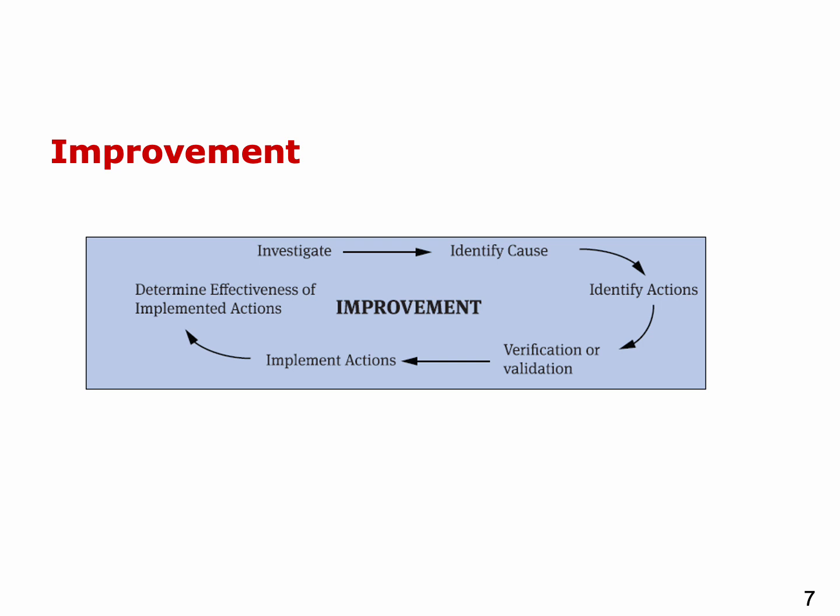Then we need to identify what we need to do. These are corrective actions. Then we need to verify and validate that the corrective actions were sufficient and efficient. And then we implement those actions in order to correct the system. And then we determine the effectiveness of the implemented action.